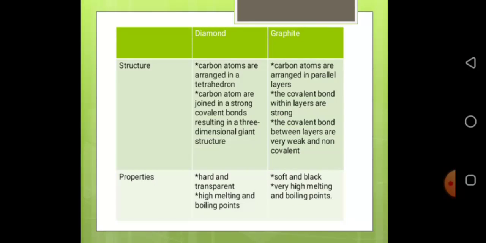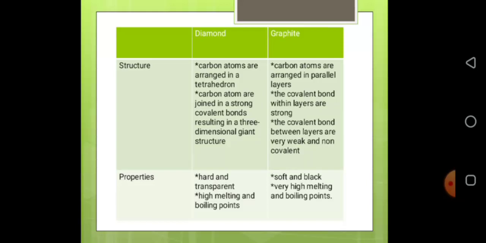So graphite is soft and black. An example of graphite is what is inside the pencil. So that is what you call graphite. It is softer than diamond, not soft at all times, and it is black.